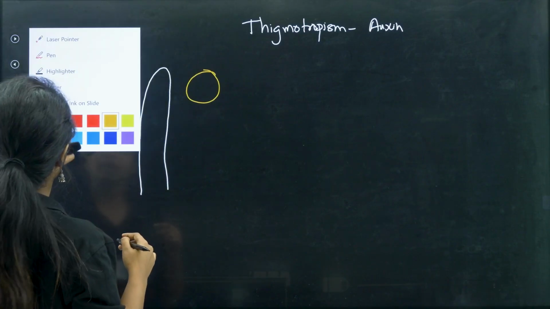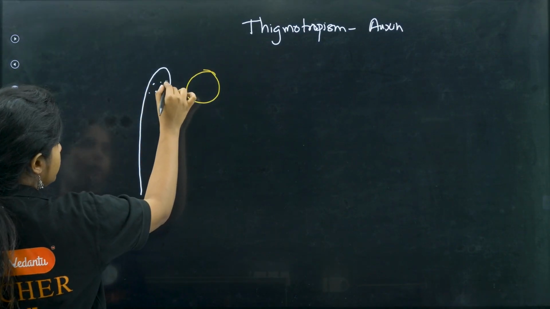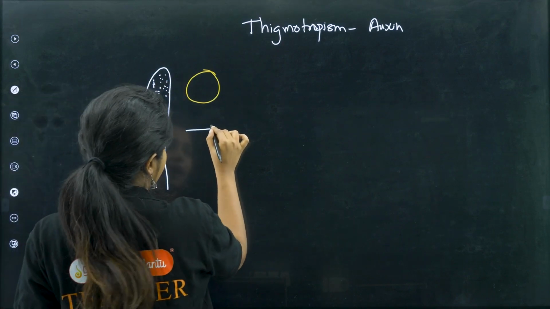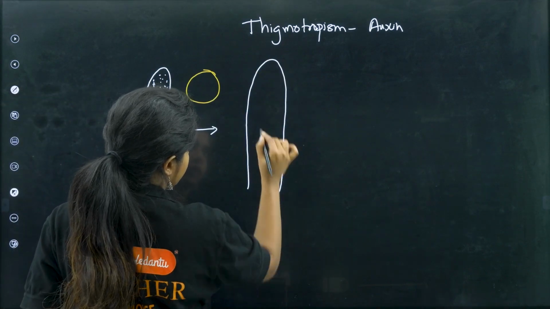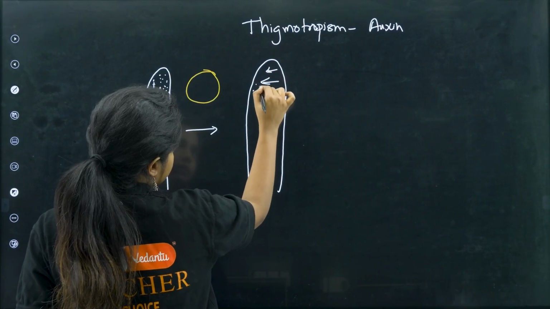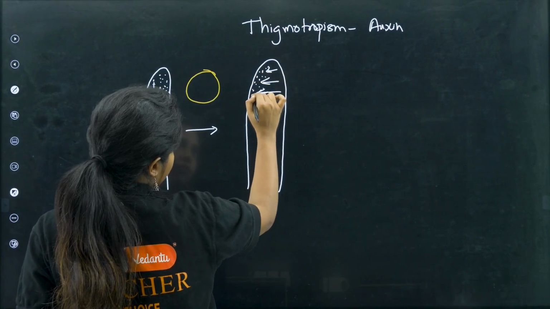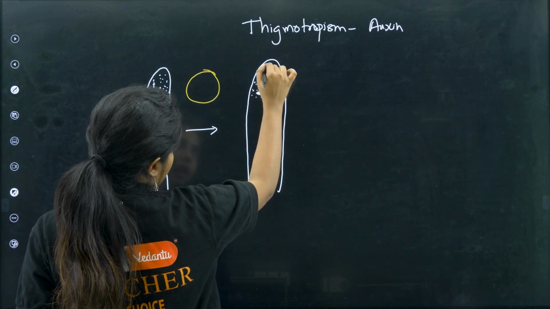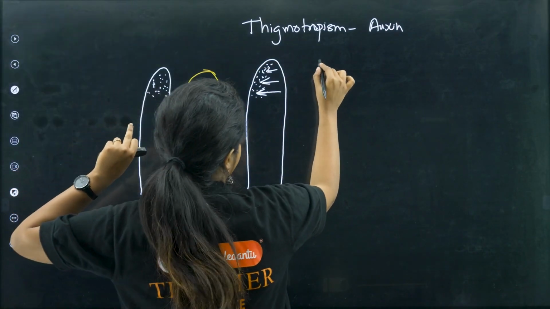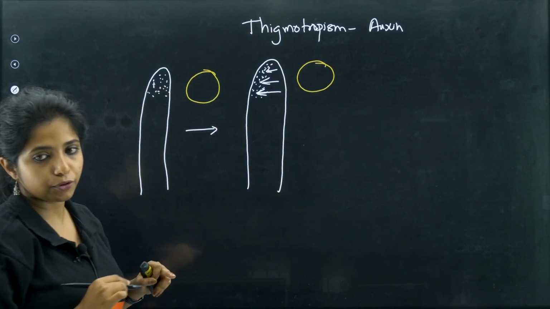So what happens is that auxin molecules which are uniformly distributed like this will be moving towards one side. So now you have auxin up here, and this will be the support.